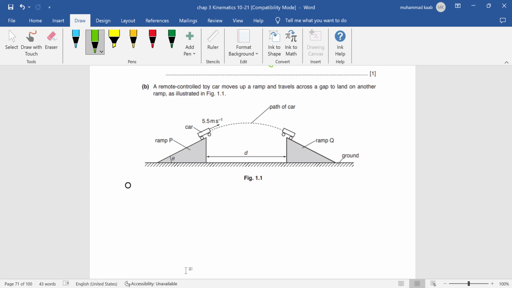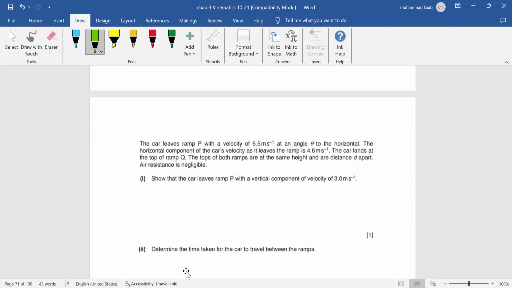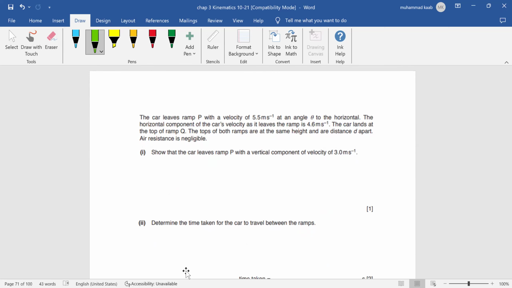A remote control toy car moves up a ramp and travels across a gap to land on another ramp, as illustrated in figure 1.1. The car leaves ramp P with a velocity of 5.5 m/s at an angle theta to the horizontal.